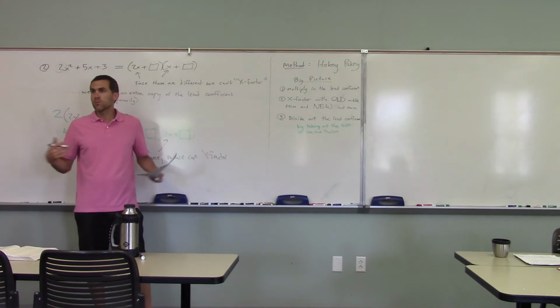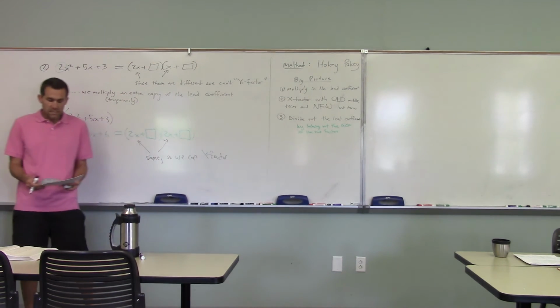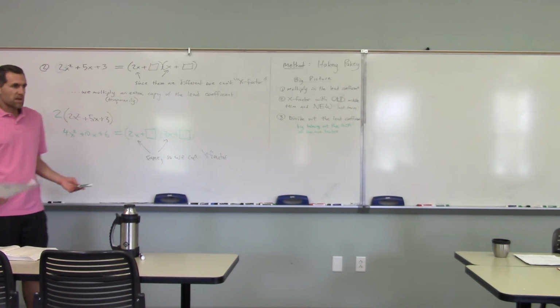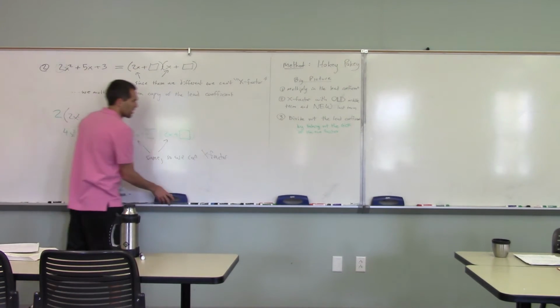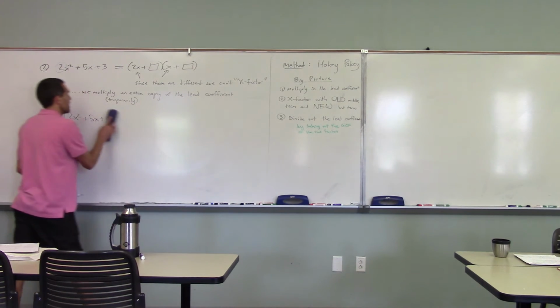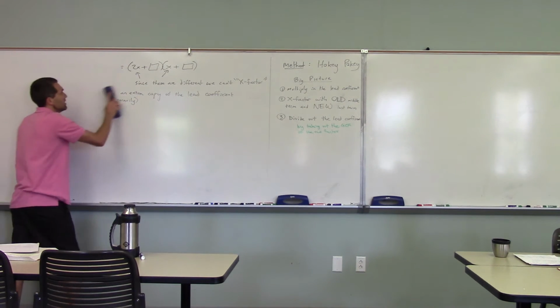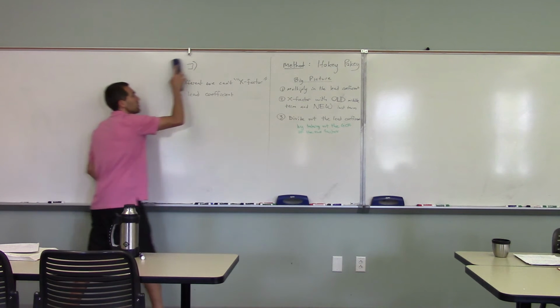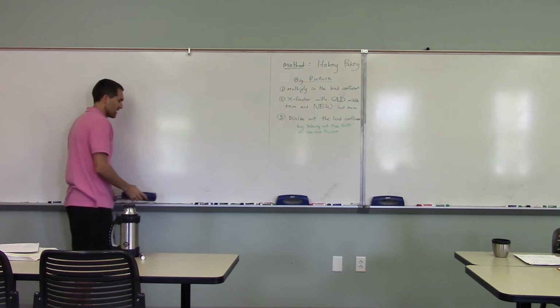I'll write a bigger, more straightforward approach. Again, the sad part is this method isn't on Khan Academy, it's not in the book. I wish you had more resources. I searched online, but since I made up the name Hokey Pokey, it's hard to find things about it.